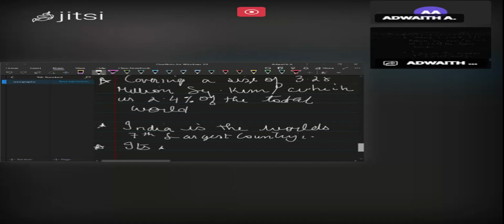Its mainland covers about 15,200 kilometers.